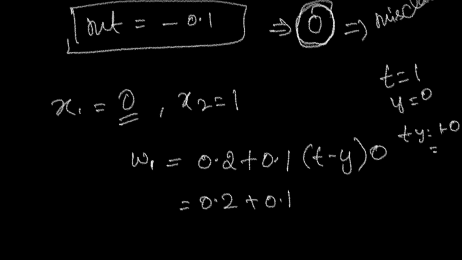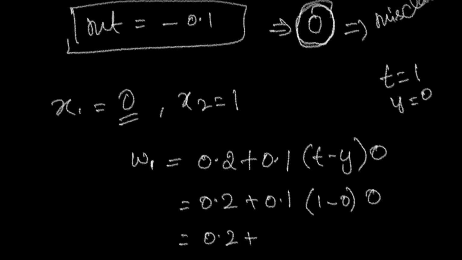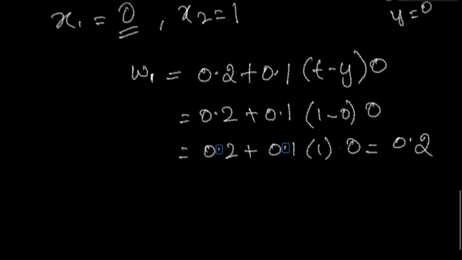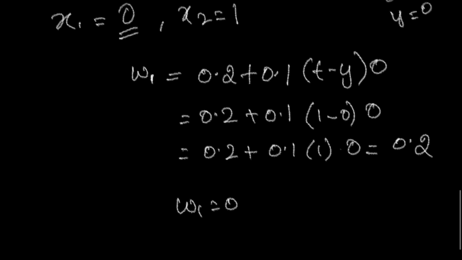So we take 0.2 plus 0.1 into 1 into 0, which is nothing but 0.2. So now the W1 value is 0.2.